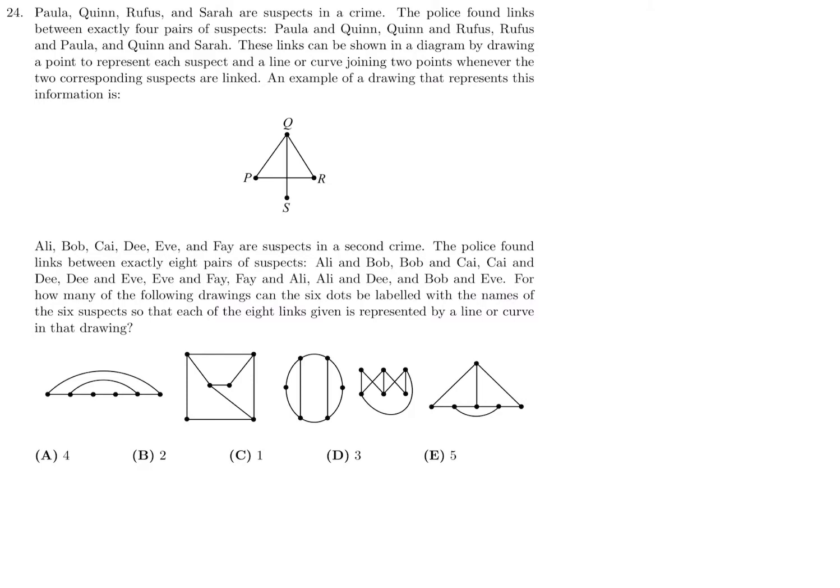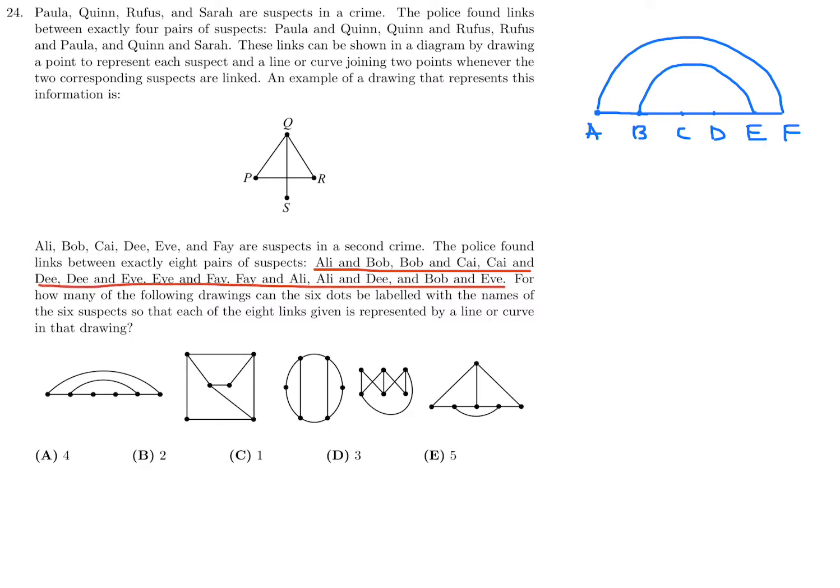All right, let's work on this one step at a time. So let's first start with this one here. And let's see what happens. So we've got 1, 2, 3, 4, 5, 6. And we'll just call them A, B, C, D, E, and F. I'm not sure if that's the order, but let's see what happens. Okay, so first of all of these links, let's abbreviate them.